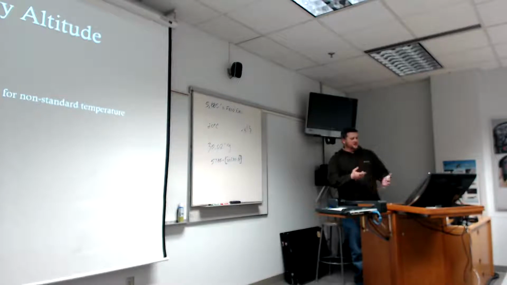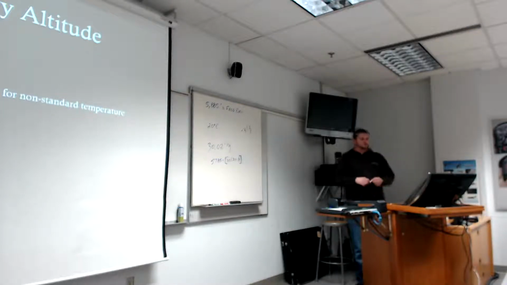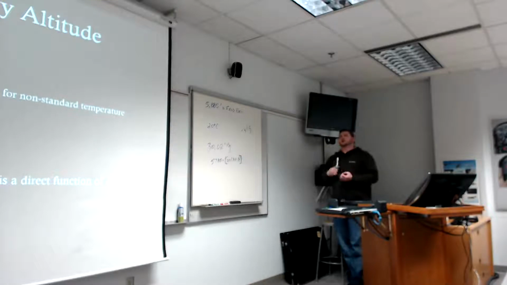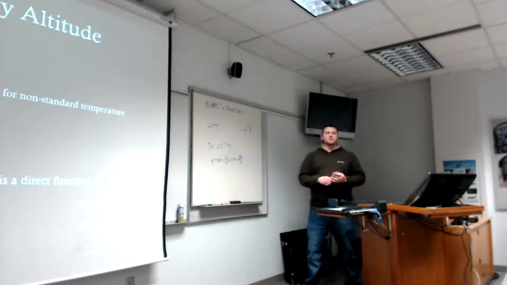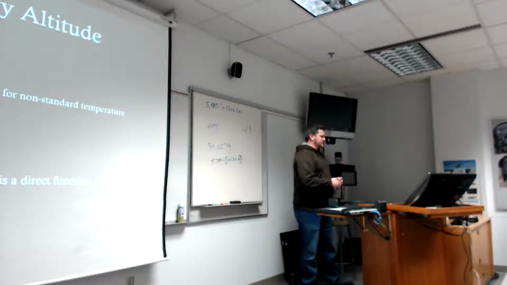All right, density altitude: pressure altitude corrected for non-standard temperature. What does that mean? Well, we've already talked about that. The airplane's performance is a direct function of density. I asked the question before, how are the charts laid out? Pressure altitude or density altitude? Well, it says pressure altitude on it, right?